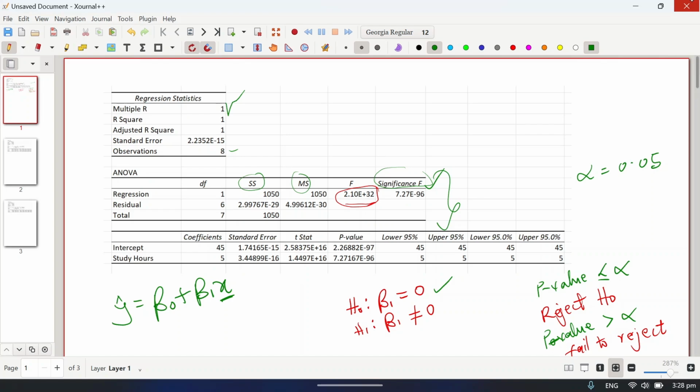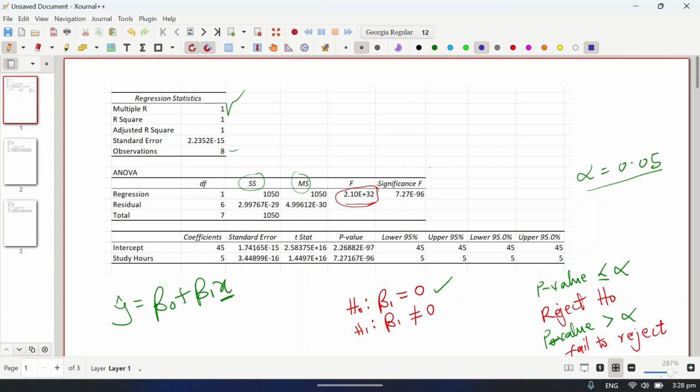So over here, this F statistic gives us our P value. You can see that it is way below the 0.05. It is 7.27e minus 96, which is 0.00000, and it's too small, which is smaller than alpha.